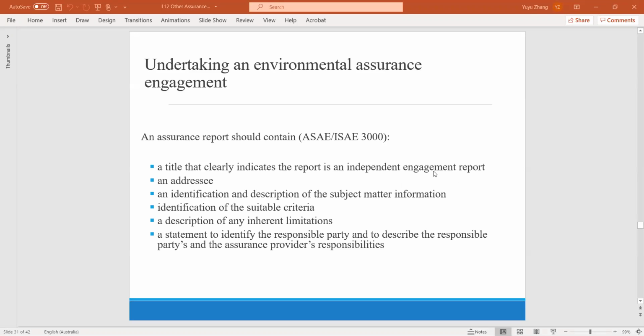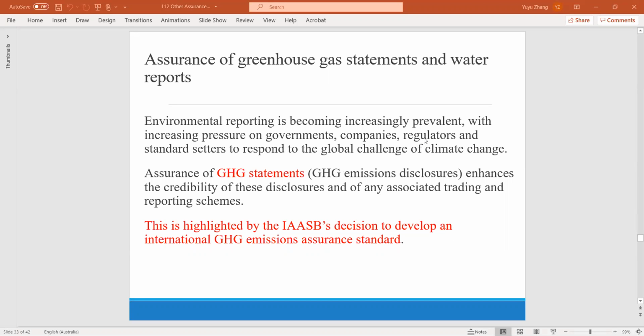Okay. So in the environmental assurance, there might be two special types of services, which are very popular in Australia. The first one is greenhouse gas emission assurance.